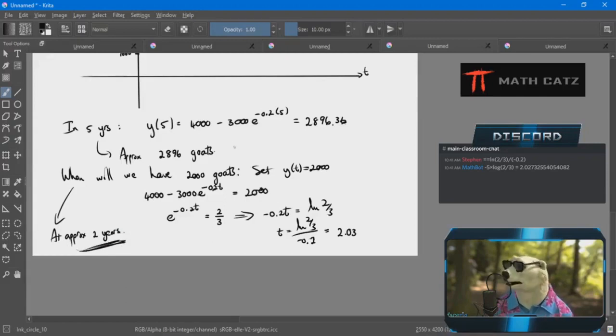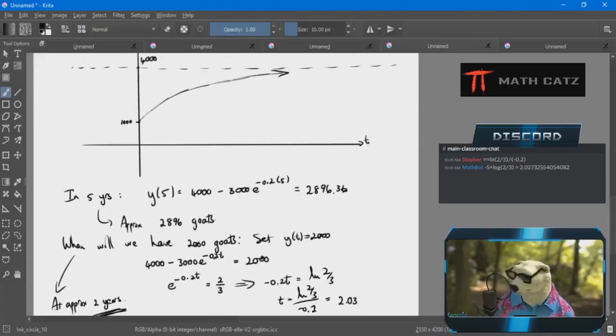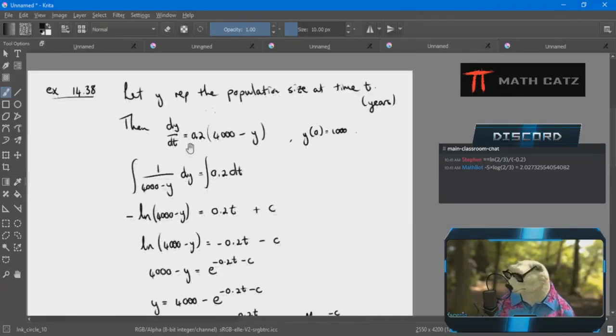And then it slowly, it still grows, but slower and slower and slower the closer it gets to that capacity, the smaller the difference between the capacity and how many goats there are, and the growth rate is proportional to that. So if the difference gets smaller, the growth rate gets smaller and they naturally slow down.